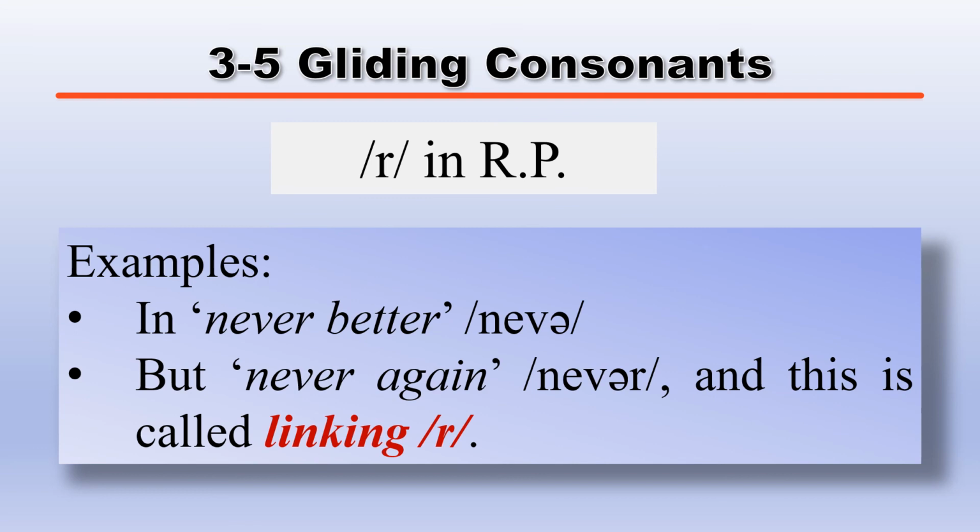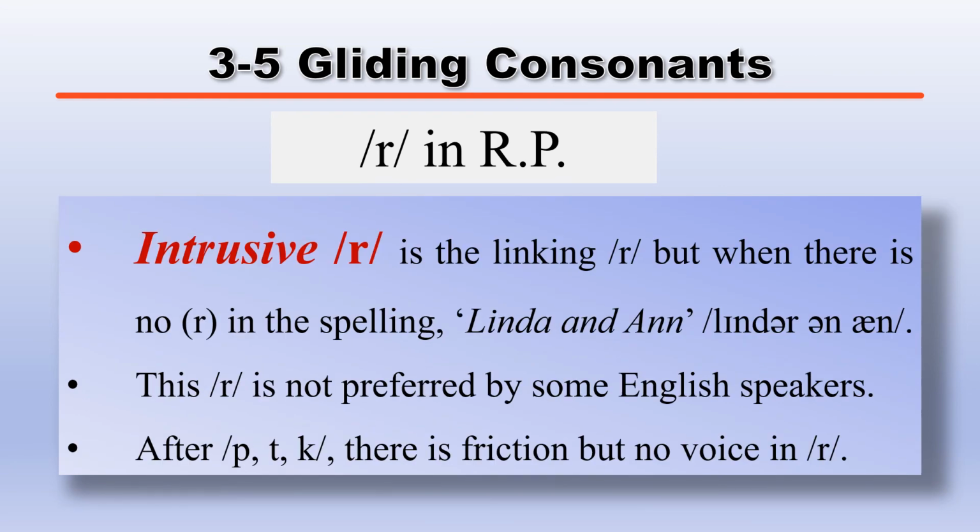So linking ra is to pronounce ra, which is there in the spelling. We have it in the spelling, but sometimes we don't pronounce it. And when we pronounce it, this is what is linking ra. And it is different from the intrusive ra. Intrusive ra is like the linking ra, but when there is no ra in the spelling.